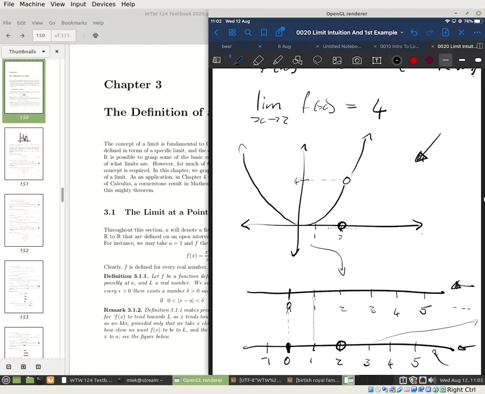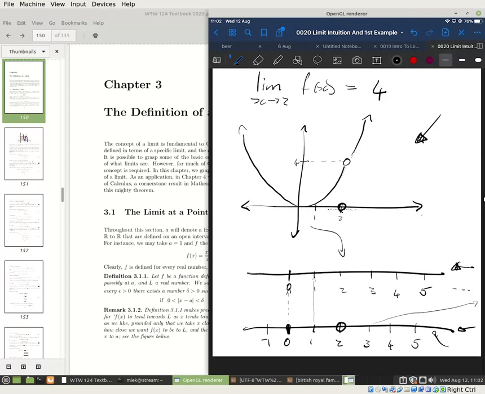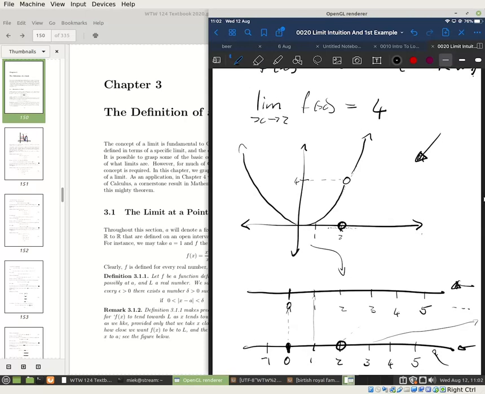And if 2 were in the domain, 2 is not in the domain of the function, it would be sent to 4. And points close to 2 will be sent to points close to 4.